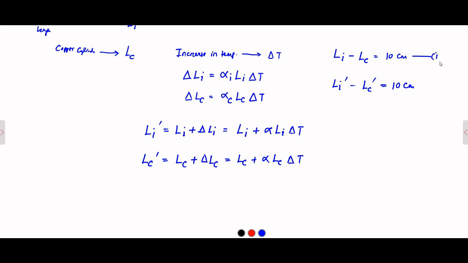Let's say this is equation 1, this is equation 2, this is equation 3, and this is equation 4.